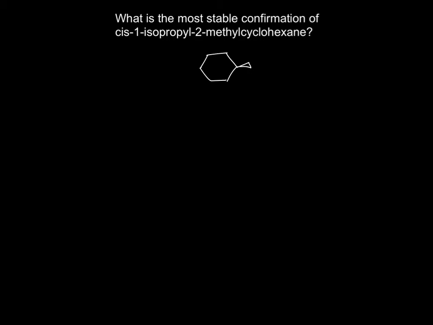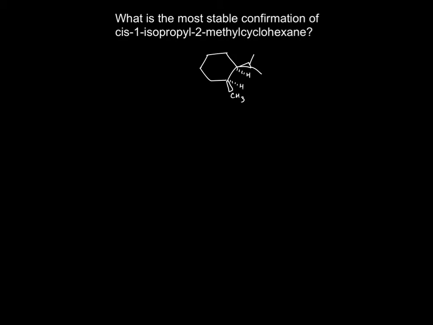So here's my wedge, and I'll make it an isopropyl group, and then on that position I'll also draw in my H. And on the 2 position, and we'll go clockwise, but you could go counterclockwise and you get the same answer. We would have a 2-methyl, but because it's cis, we need to make sure that the methyl is on the same face as the isopropyl. All right, so both the isopropyl and the methyl are on a wedge. I'm going to draw in my H there as well, going down.